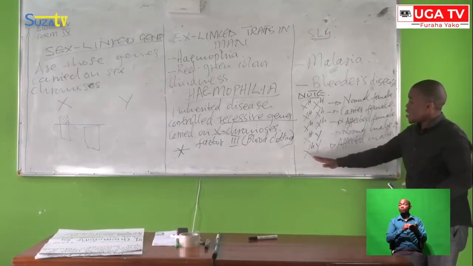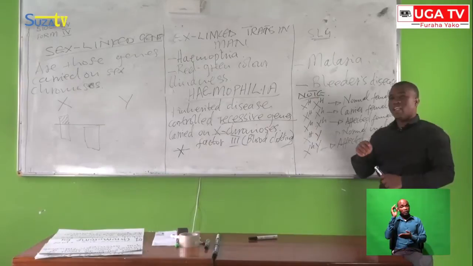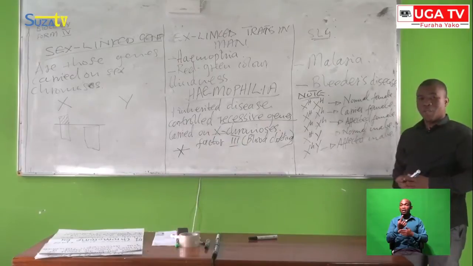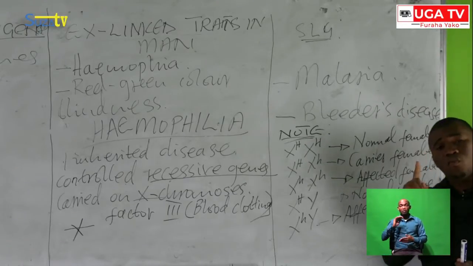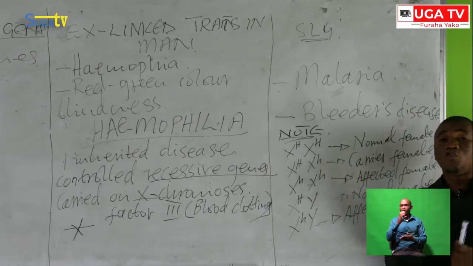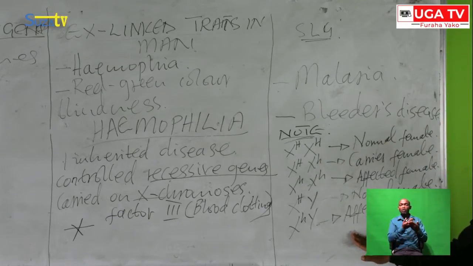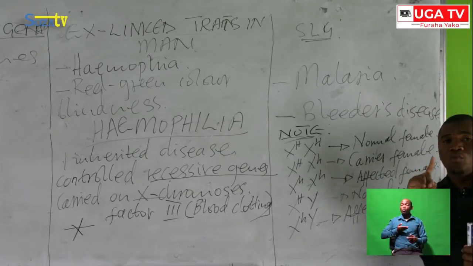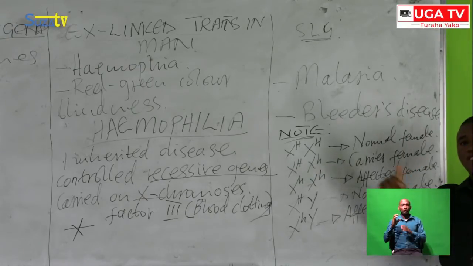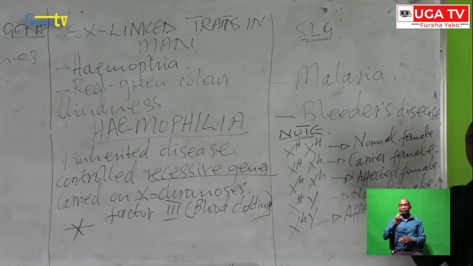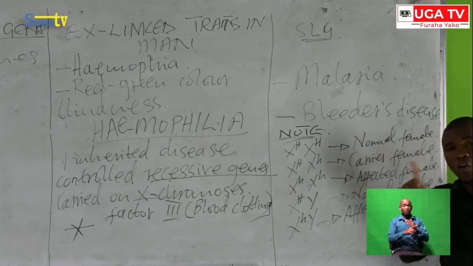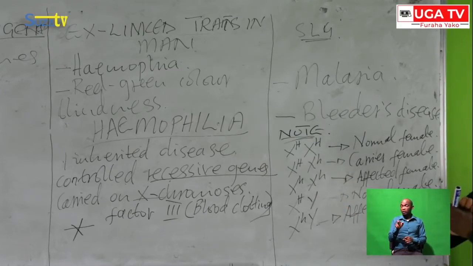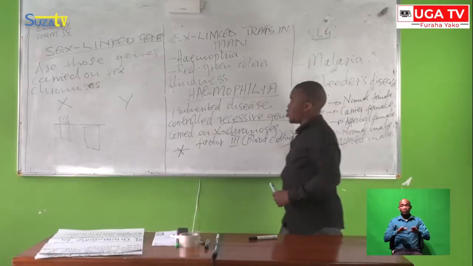That's why these diseases mostly appear in males rather than in females, because only one X chromosome is enough for a male to suffer from such a problem, while in a female all X chromosomes must carry the recessive gene. If the recessive gene is carried on only one X chromosome, that female will not suffer from such a problem.